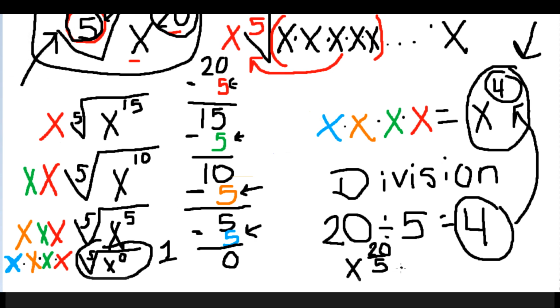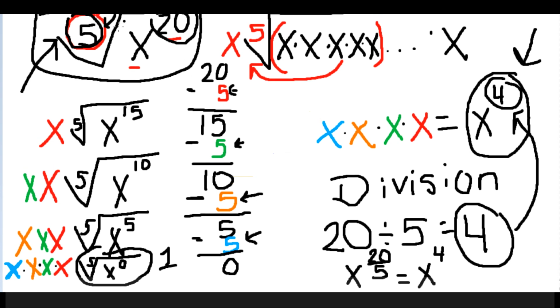So this is really x to the 20th divided by 5. And what does that leave us with? x to the 4th. So you can jump back and forth between your radical form and your exponential form. We can actually rewrite this radical expression, the 5th root of x to the 20th, as an exponential expression.